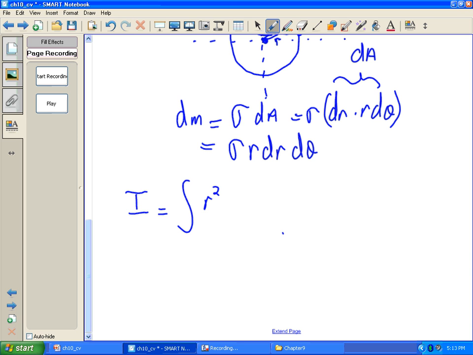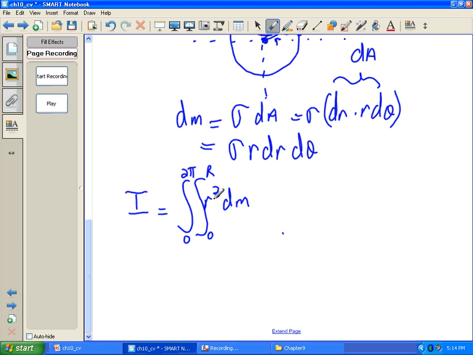Here, r squared dm is going to give us double integrals because we have to consider all the mass elements from 0 to R and from 0 to 2 pi. So we have two integrals.